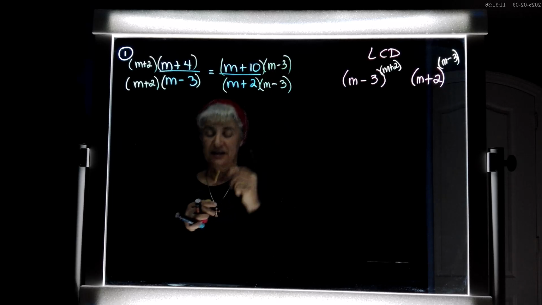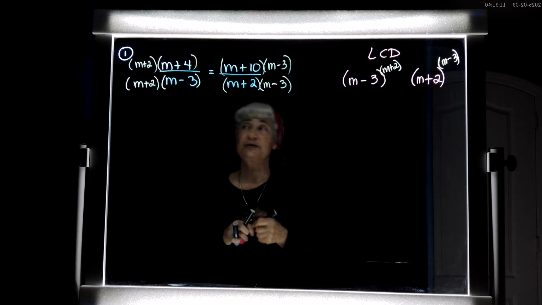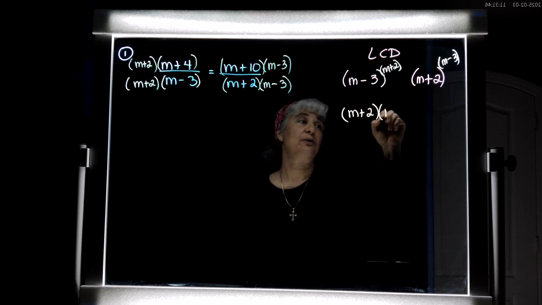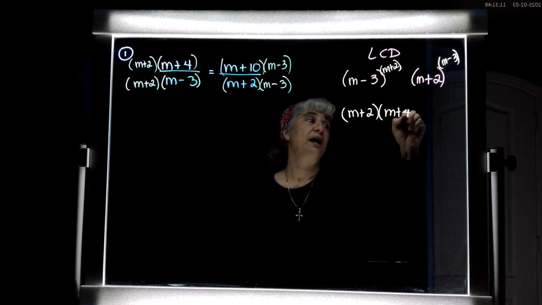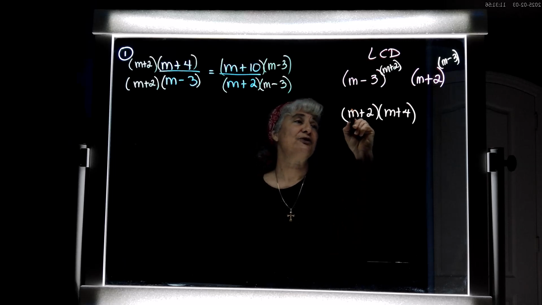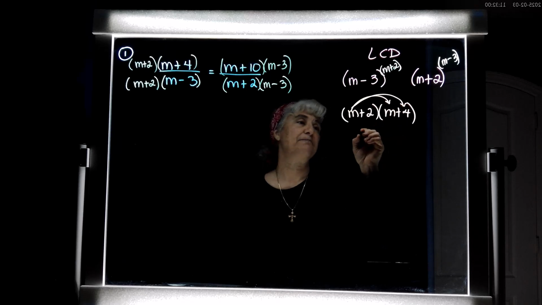Okay. So let's look at the numerator, the first numerator. It is m plus 2 in quantity times the quantity of m plus 4. I'm hoping that you remember how to distribute, just in case the first term gets multiplied to everything in the second parenthesis.